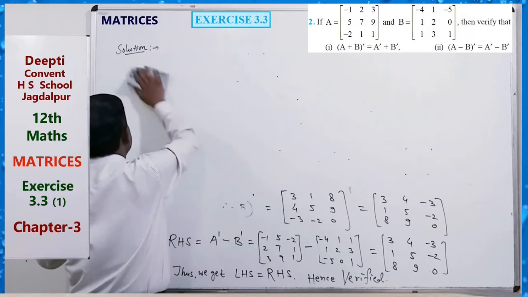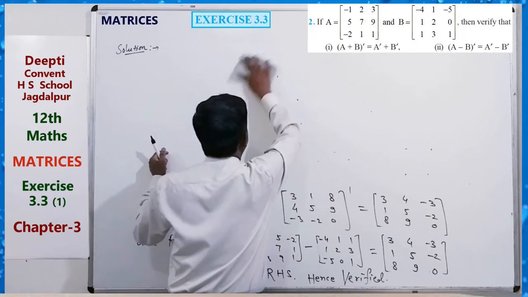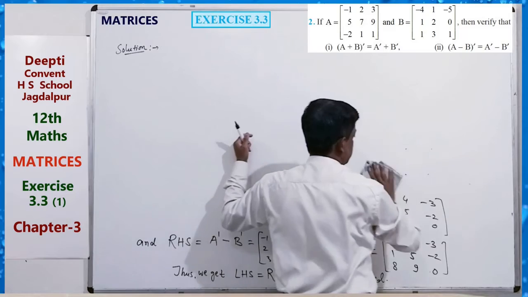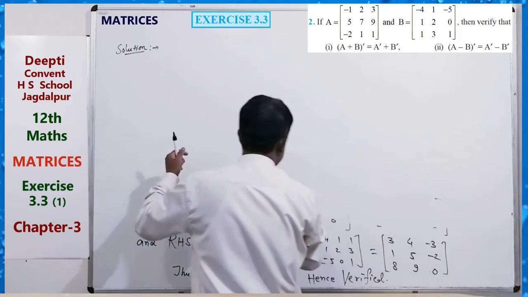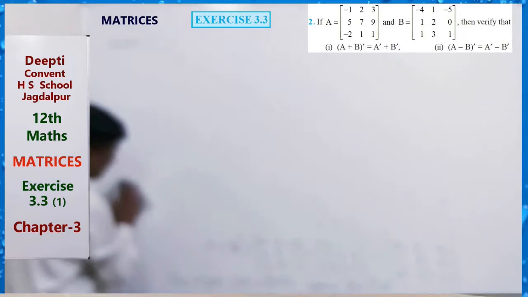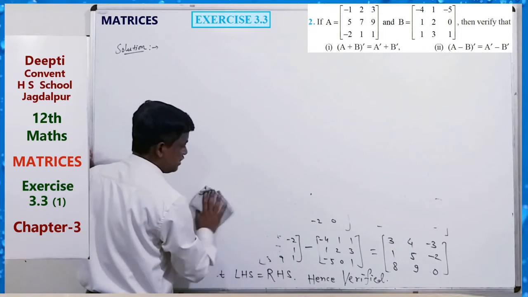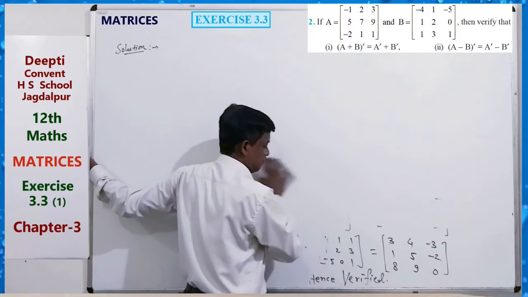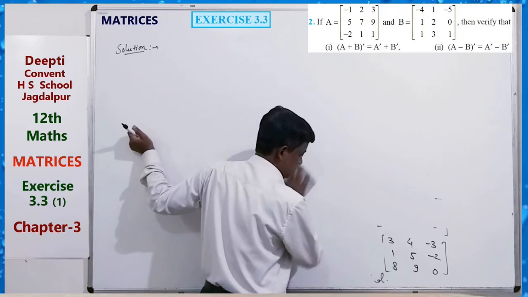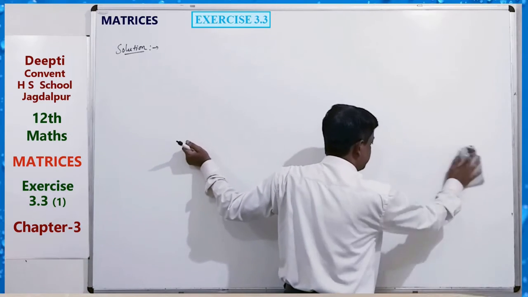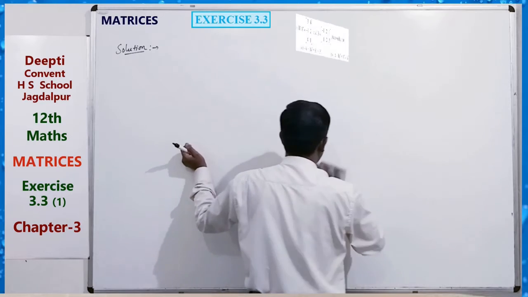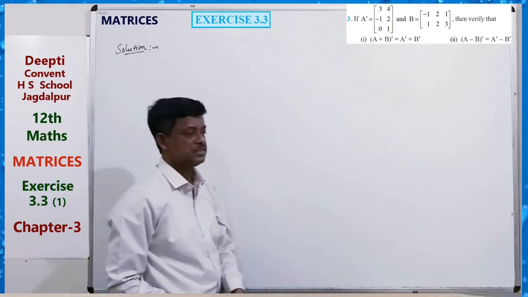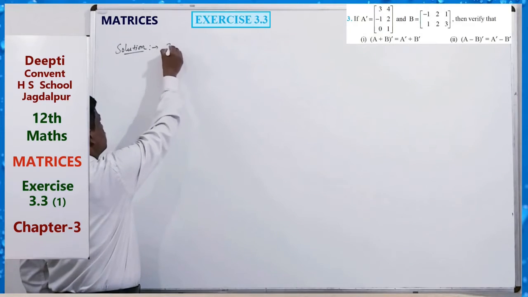Here A dash is given and B is given, not A. Very simple: if A dash is given, then we can find A using the fact that the transpose of a transpose is the matrix itself. So for the verification of the same result, question third.